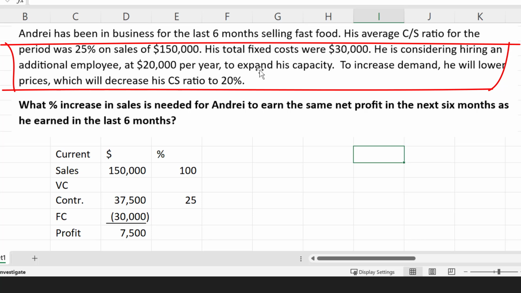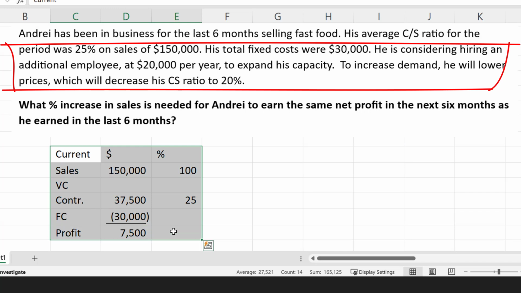And in order to increase demand for his fast food, he's going to lower the prices, which means the CS ratio will decrease to 20%. So what increase in sales is needed to keep profit at $7,500? Well, watch what we do.